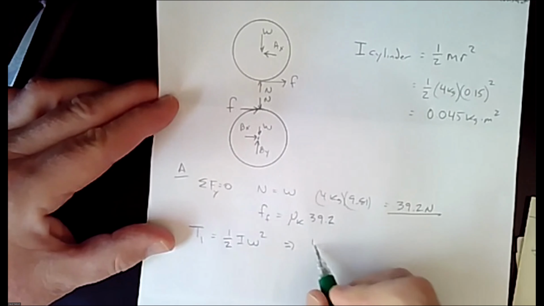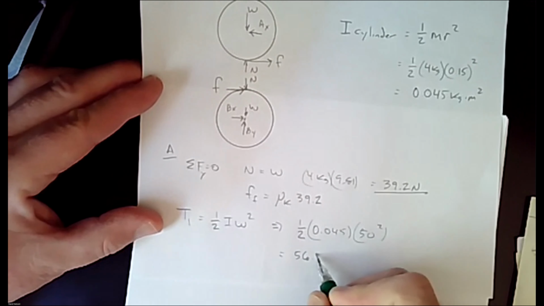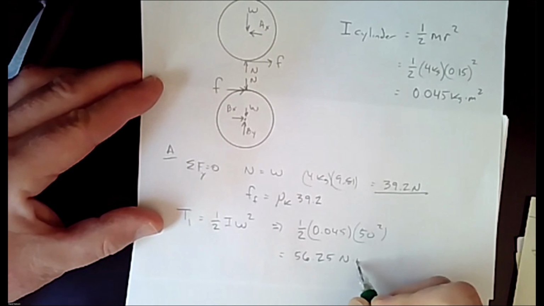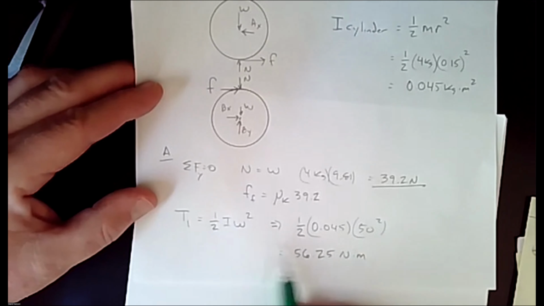And so that gives me a value of 56.25 Newton meters. Okay, so this is my energy due to the initial velocity of everything.